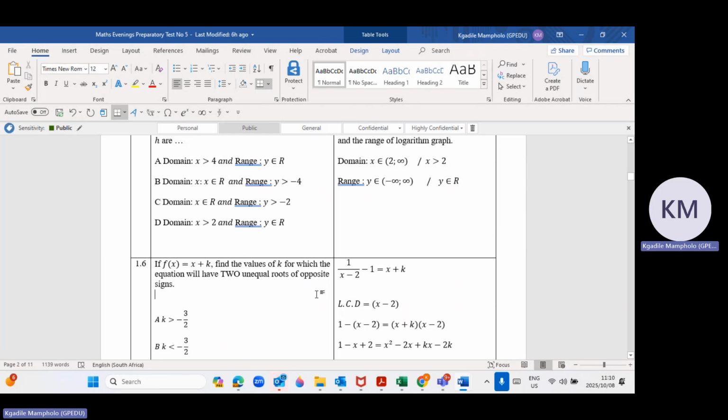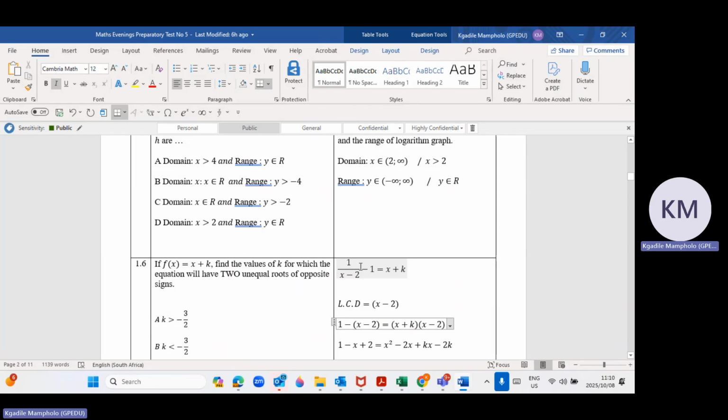Now f of x, we know it. Then from here you'll find x minus 2 as our LCD. Then you multiply everything by x minus 2.